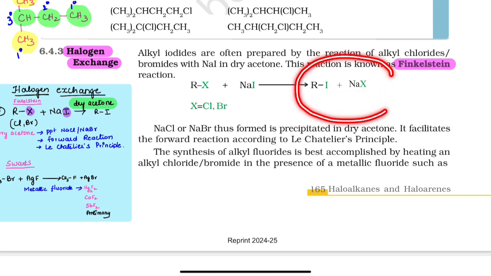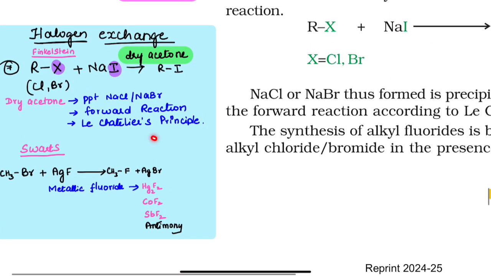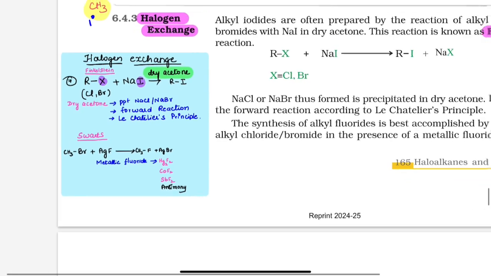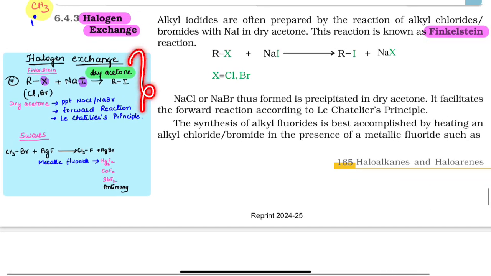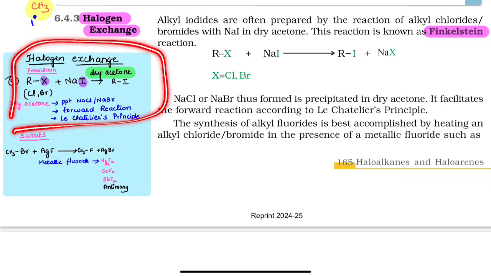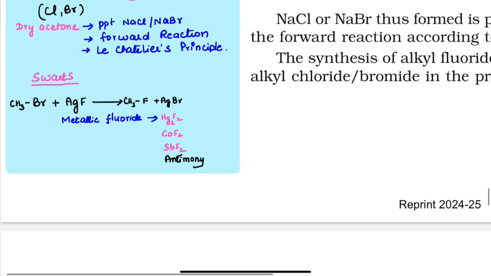Since the concentration is decreasing on the product side, the reaction will proceed in the forward direction according to Le Chatelier's principle. This much you have to know. I have already written all the points here, so go through this.